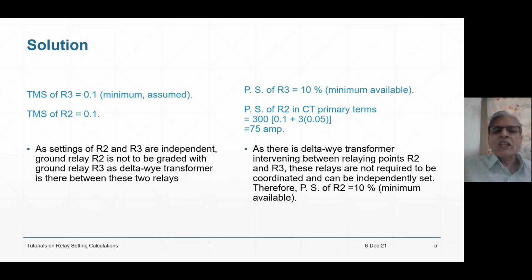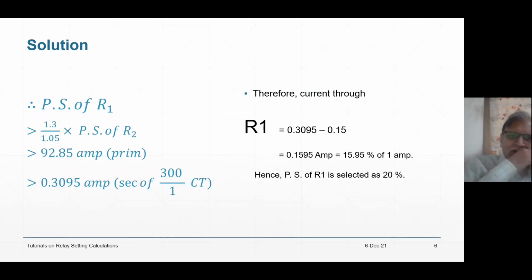So now R2, R3 both are available. Plug setting of R2 10%, plug setting of R3 10%, TMS of R2 0.1, TMS of R3 0.1. Out of 3 relays, 2 I have immediately, hurriedly found out. You see, very simple when there is a transformer, but you have to remember that when there is a transformer, you should not make a mistake.